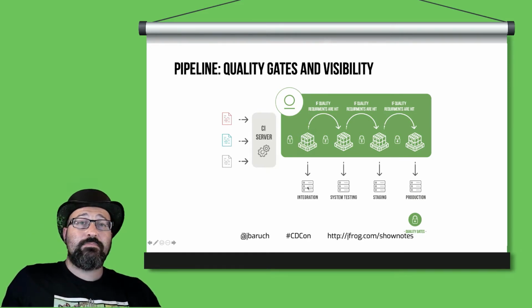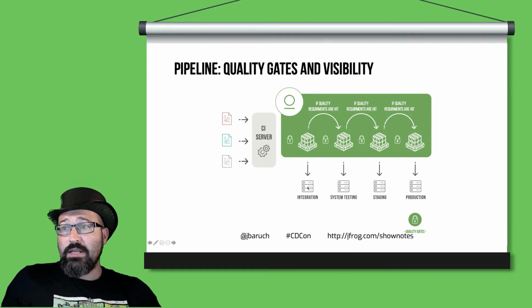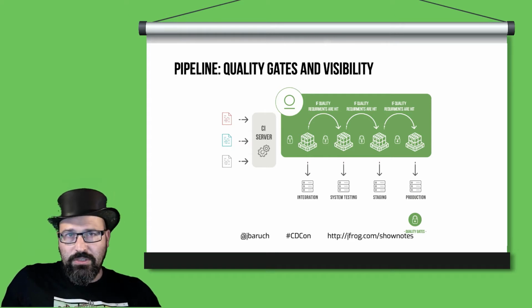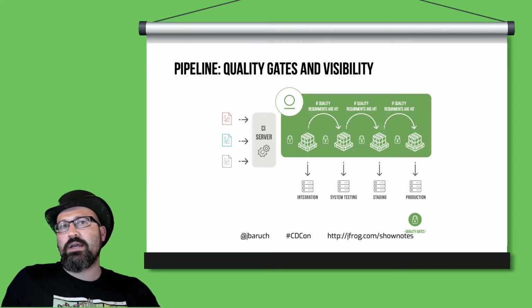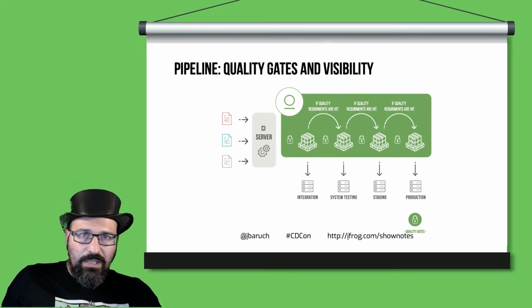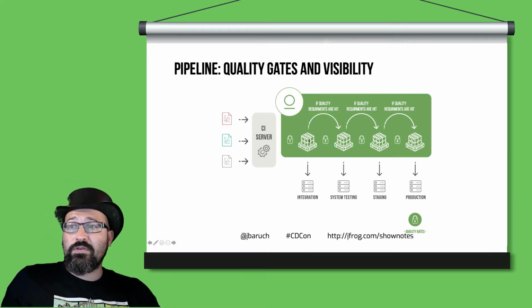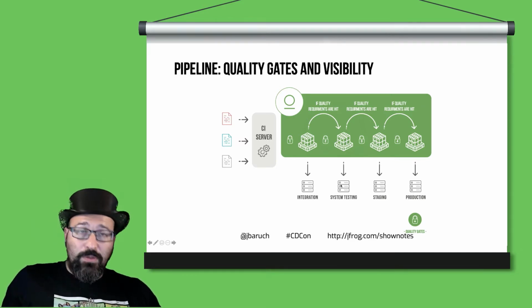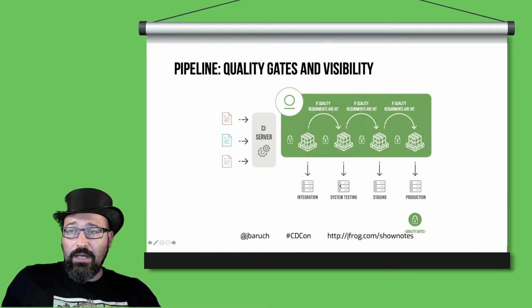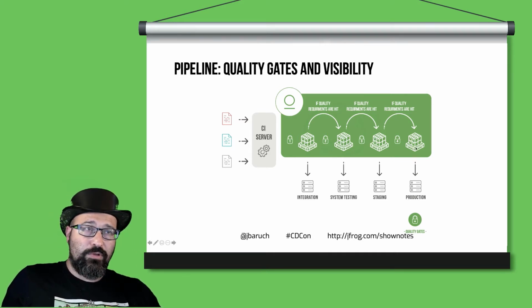If the tests succeed, and if the quality requirements are hit, and that will be your tests, your security checks, your license compliance check, your performance, everything, then those artifacts are promoted through quality gates to the next environment. And we do the same again. We deploy them to the runtime, we test the hell out of them, we promote them further through quality gates all the way to production.